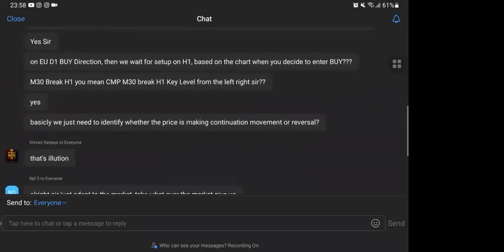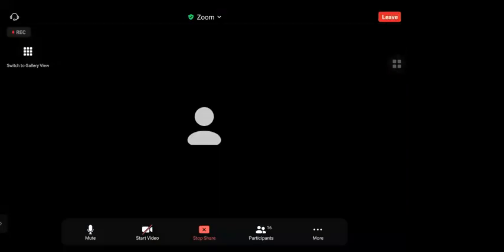So, cikgu mau tanya soalan. Tanya. Boleh tak misalnya kita entry buy, let's say zone daily, kita entry kat H1, kita open 2 position, satu TP kat H4, satu biarkan running.